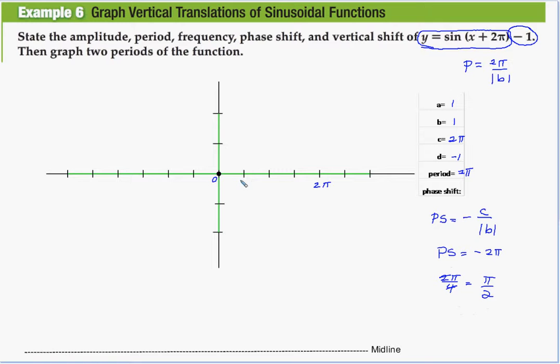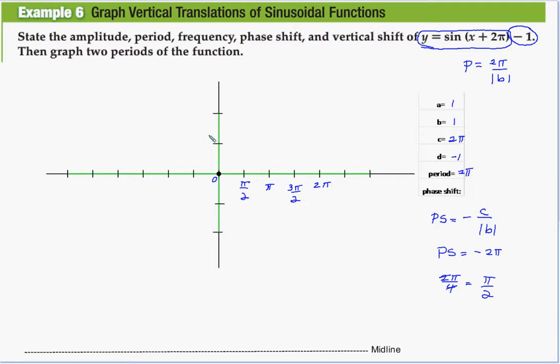So each piece of the graph would be pi over 2. The next one is pi over 2 plus pi over 2, which is equal to pi. Then pi plus pi over 2 is equal to 3 pi over 2.